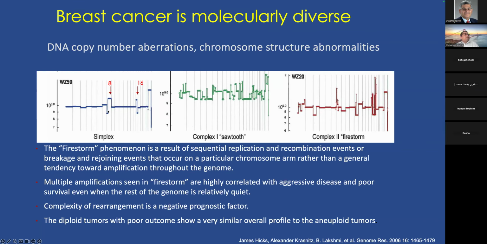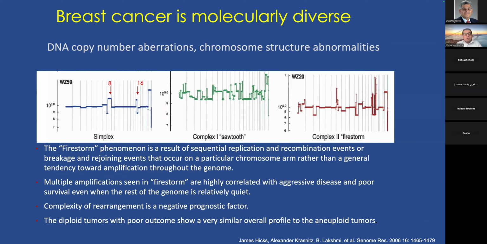You notice that well-differentiated tumors have very simple structural changes, like losses in chromosomes 8 and 16. But the more you go toward poorly differentiated tumors, the more complex the structural changes become. We don't do that in our practice. That's more for research, because these things are not targetable.